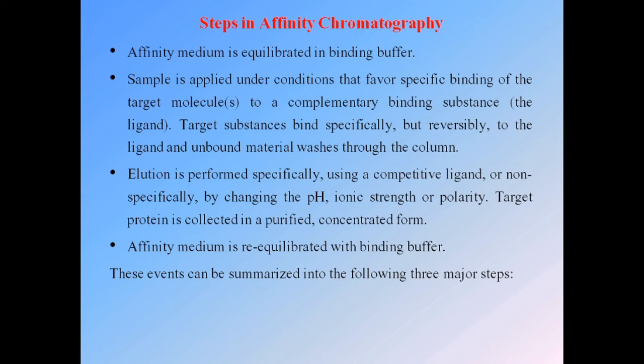Target substances bind specifically but reversibly to the ligand and unbound material washes through the column. Elution is performed specifically using a competitive ligand or non-specifically by changing the pH, ionic strength or polarity. Target protein is collected in a purified concentrated form. Affinity medium is re-equilibrated with binding buffer.